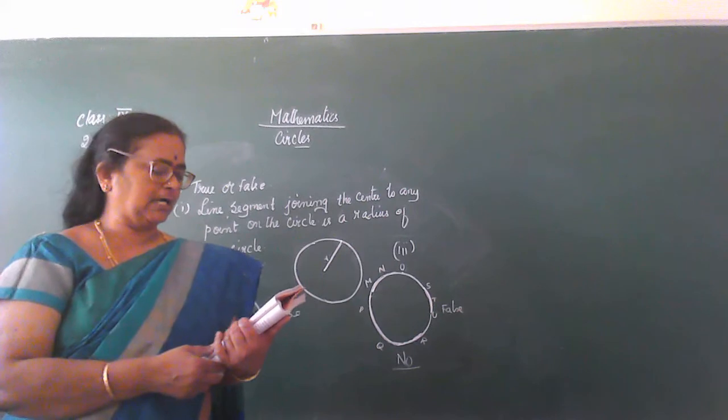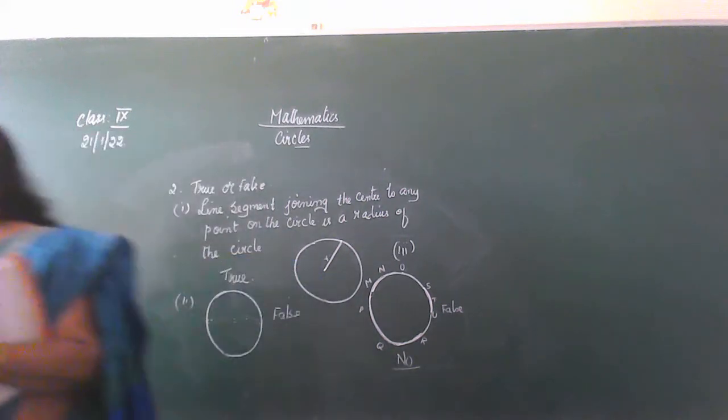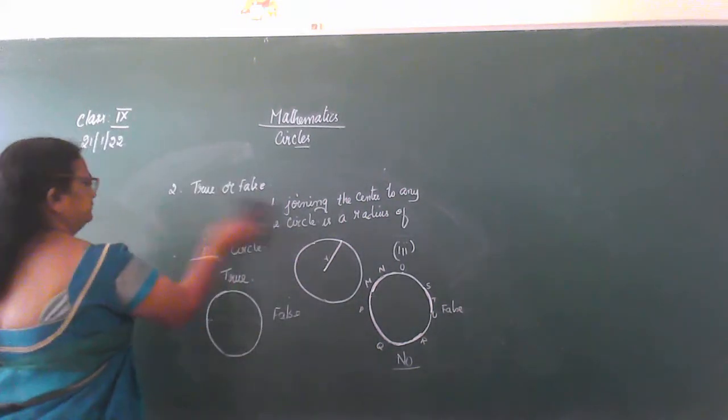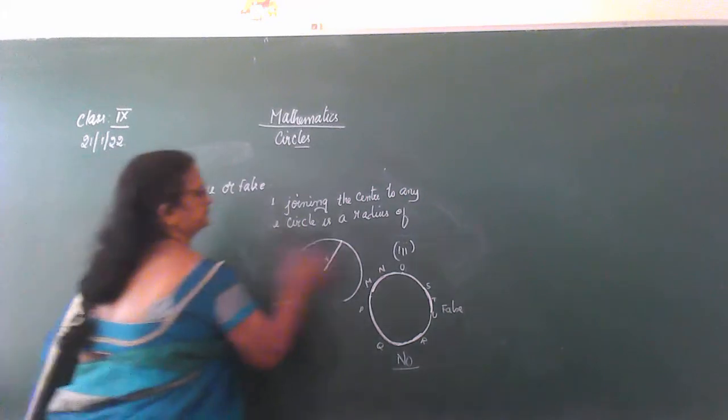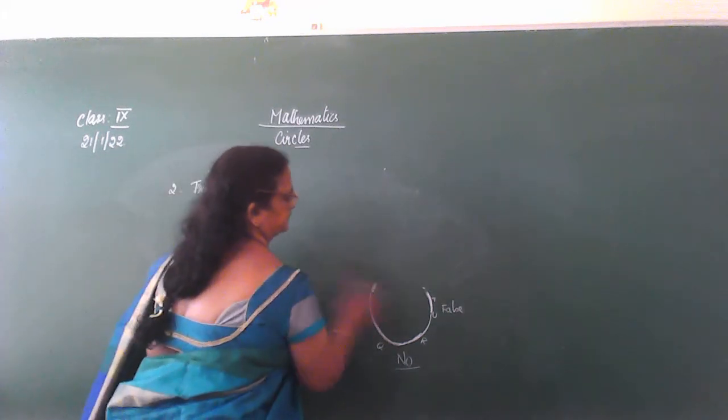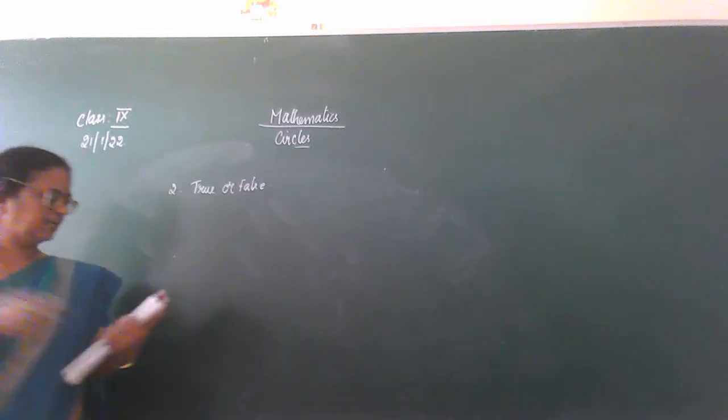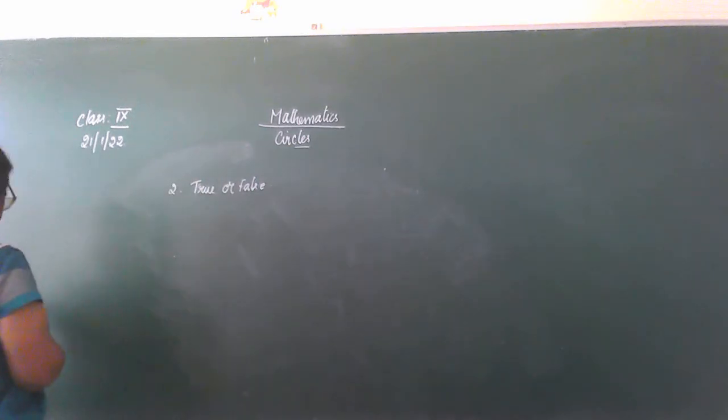Then, the next one is, a chord of a circle which is twice as long as the radius.